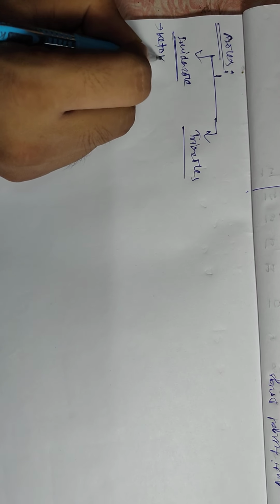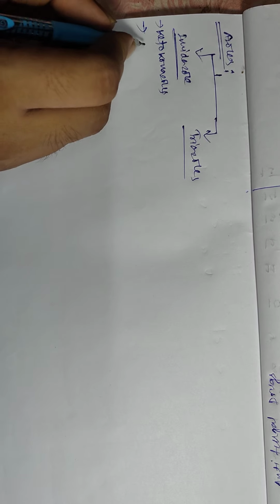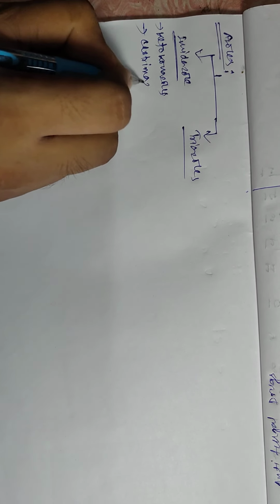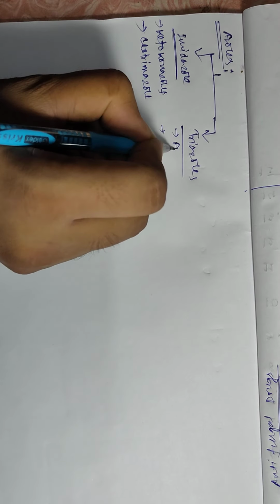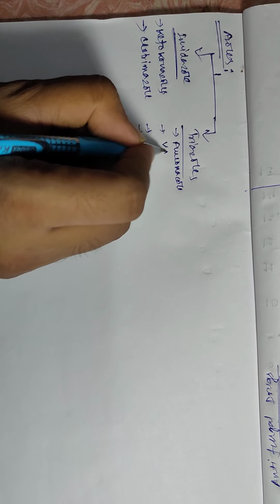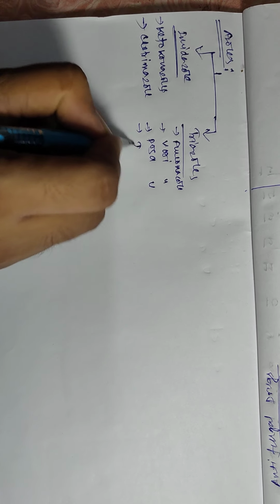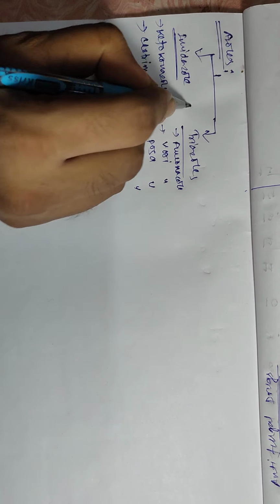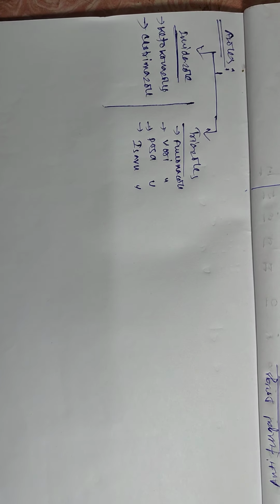Now the imidazoles include ketoconazole and clotrimazole, and the triazoles include fluconazole, voriconazole, posaconazole, and isavuconazole, right? Now what is the problem with the imidazole group?